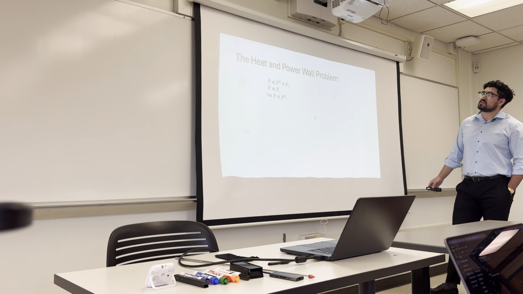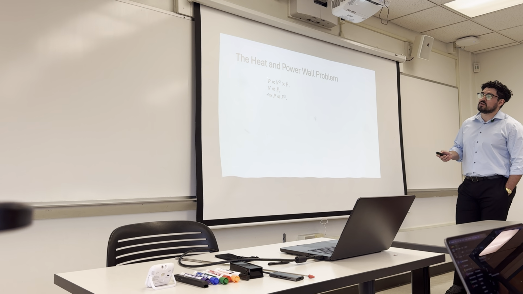Now, to go into more specifics of the heat and power wall problem, we're all familiar with this equation here. But specifically this last implication, where power is proportional to frequency cubed. Now, we all know that increasing frequency results in large power draws. Large power draws result in high temperatures. Extreme measures are needed to cool CPUs, and so we get some overclocking professionals that build very specific systems.